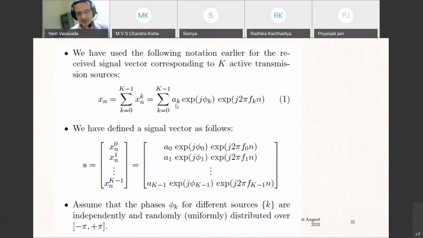We are modeling the signal from the kth transmitter to have some amplitude modulation denoted by A of k, phase modulation denoted by this phase P of k. And we are getting that signal through the electromagnetic medium, and so it is oscillating at some frequency f of k. This is known as the complex envelope notation of the modulated signal.